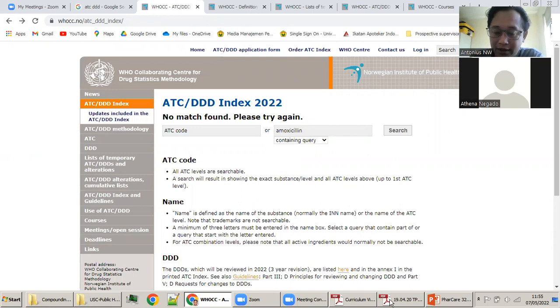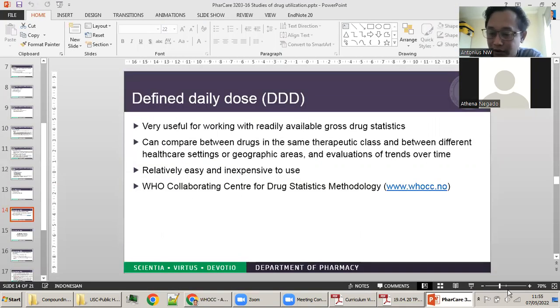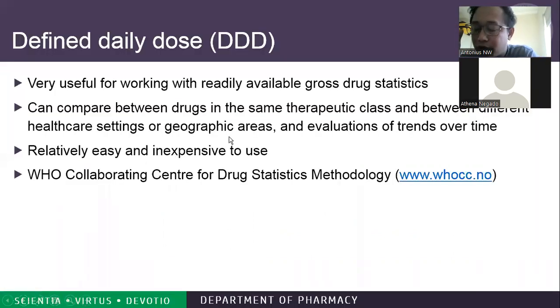So in the ATC/DDD method, here we will define what kind of medicines we will study, and then we will restrict which codes we use.